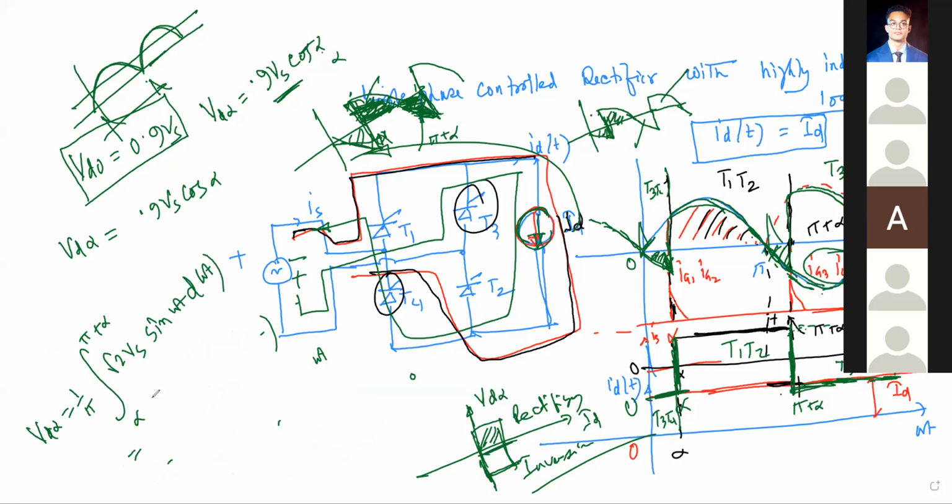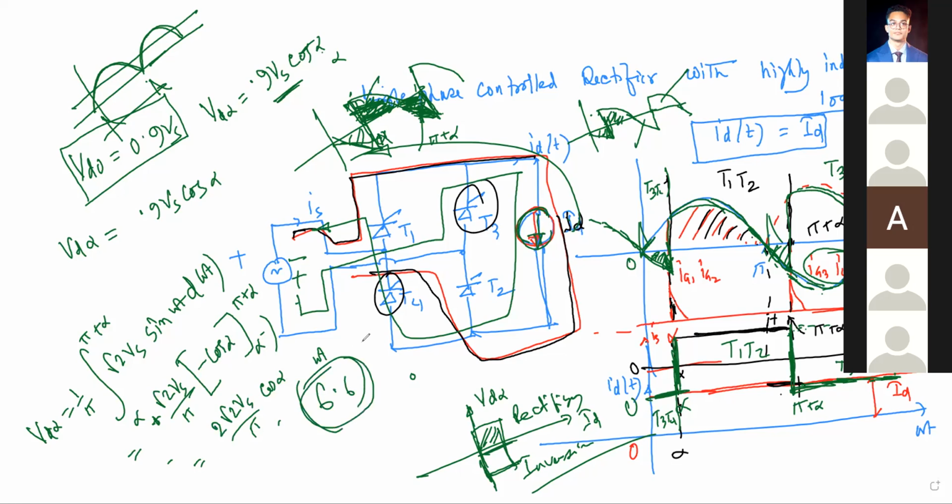Then it will be minus root 2 Vs cosine, evaluated between pi plus alpha and alpha. Then it will come as 2 root 2 Vs by pi cosine of alpha. You can check in your room. It is okay. This is equation number 6.6 of your book. So it will be 0.9 Vs.